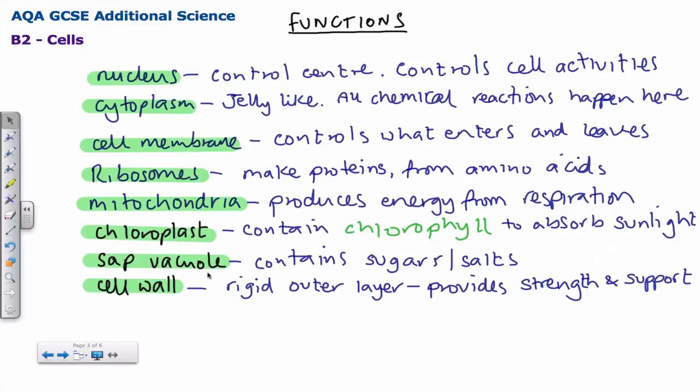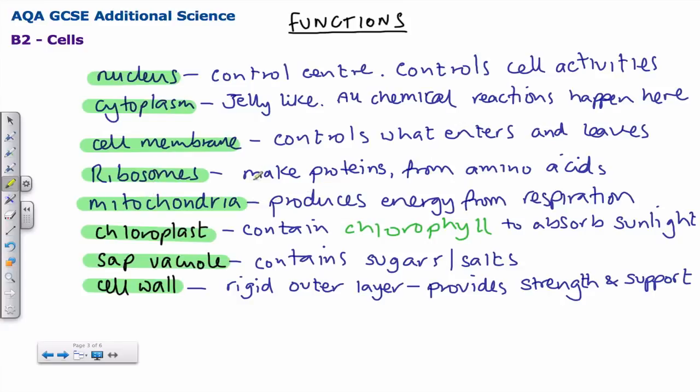Okay, so moving on. These are the functions of all the different parts. Because it's quite straightforward to learn and remember what the different parts do, there's no point me just reading through all this for you, because you can read it for yourself. But I do want to emphasize the function of these two parts here, the ribosomes and the mitochondria, because they often appear in higher level questions.